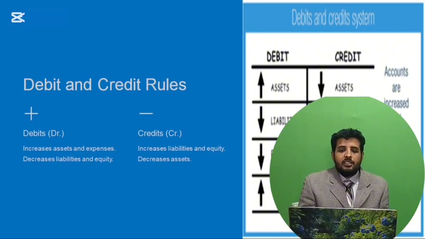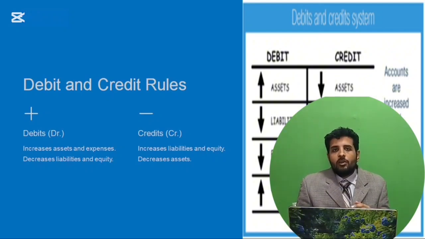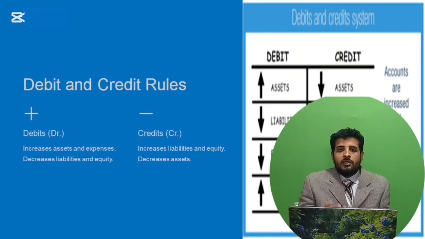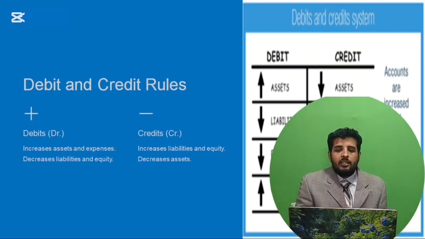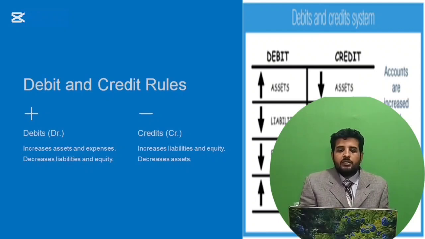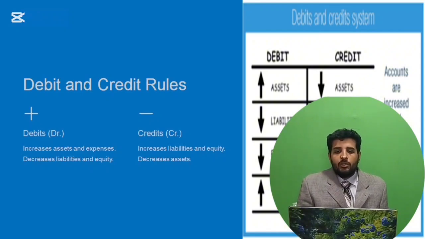There will be an increase in equity or revenue or liabilities, it will be in credit, and if there is a decrease in an asset, it will go in the credit. For example, when a company receives cash from a customer, the cash account, an asset, is debited, and subsequently the revenue amount is credited. So this was an example of debit and credit. This system also ensures accuracy, as debits and credits are equal for every transaction.